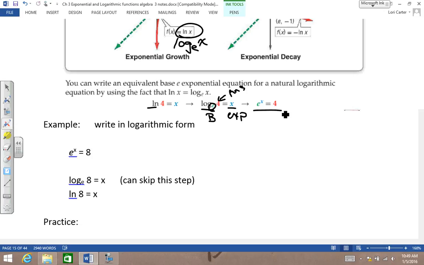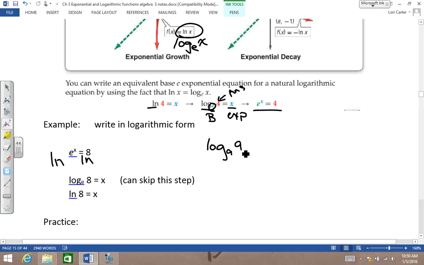So I want to rewrite this and solve for x. So x is in the exponent, I need to get rid of the base. So what's the inverse of e? The natural log, ln. So to get rid of it, I have to take the natural log of both sides. Now remember when we had log base a of a, what did that equal? 1.